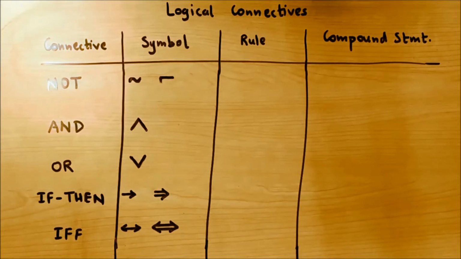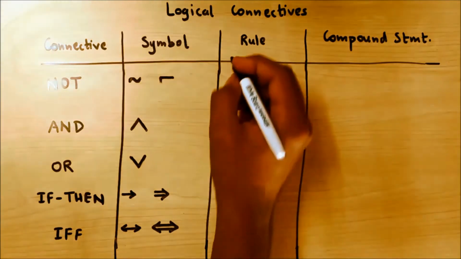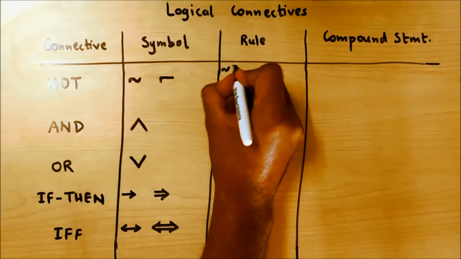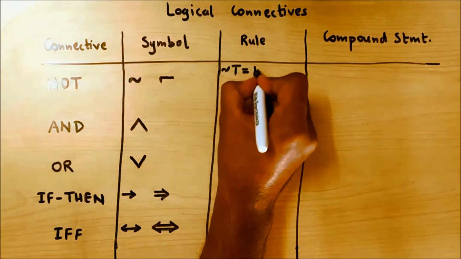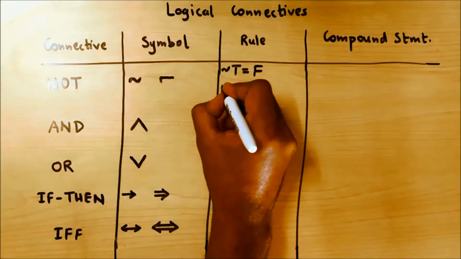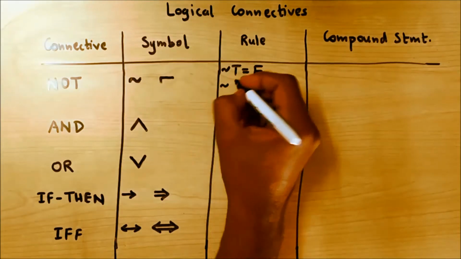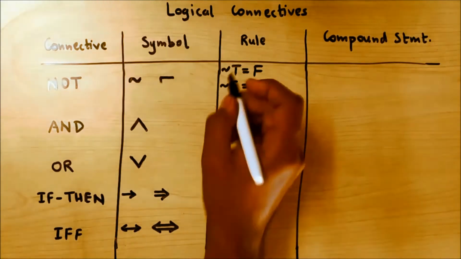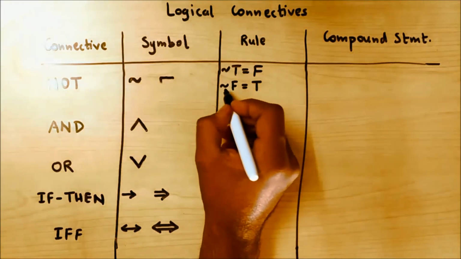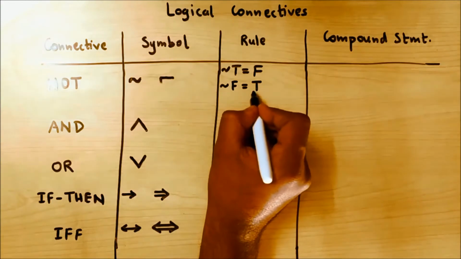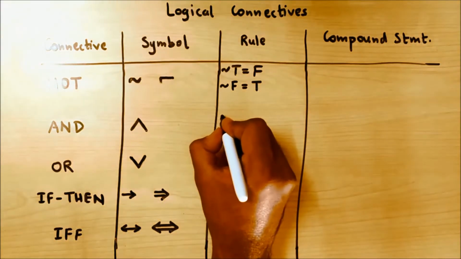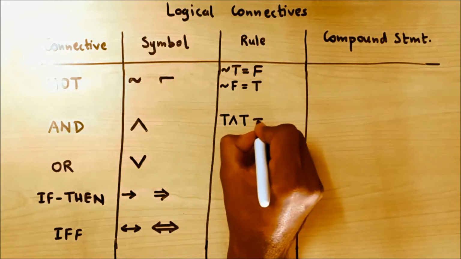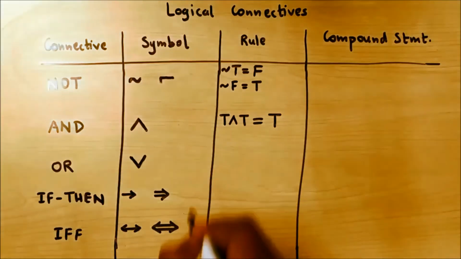Now the rules which we follow for these logical connectives are: when you take not on the true value, it results in false. Then when you apply not on a false statement, it results in true. So negation of true is false, negation of false is true. And the rule for and is, if the first statement is true and the second statement is true, then the result is true.